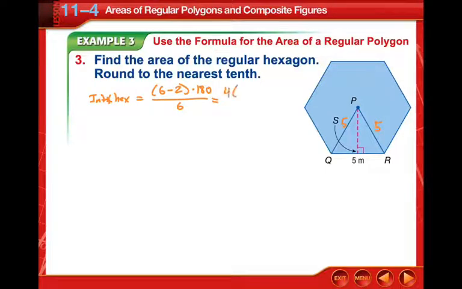So that's 4 times 180 divided by 6. Four times 180 is 720, and divided by 6, we get 120. Well, that's the entire interior angle.